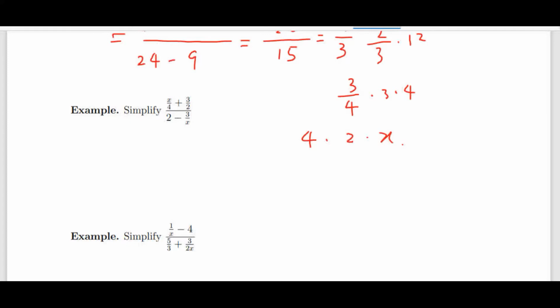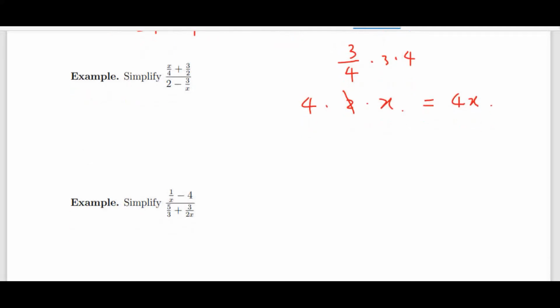We just multiply 4 and 2 and x, but if we include 4, we don't need to multiply 2. So we just multiply 4x to each one.